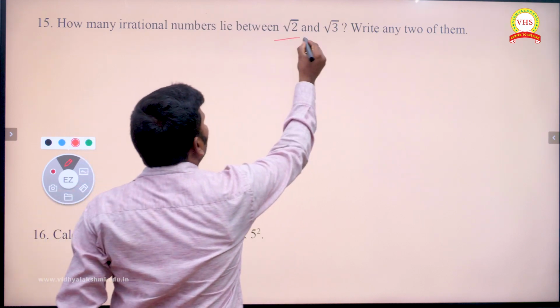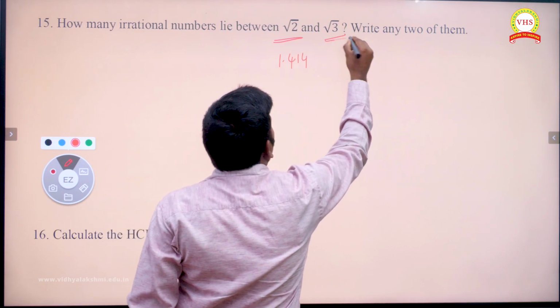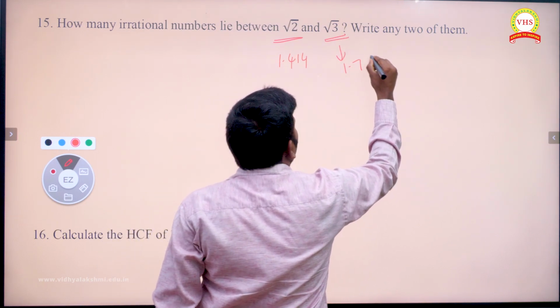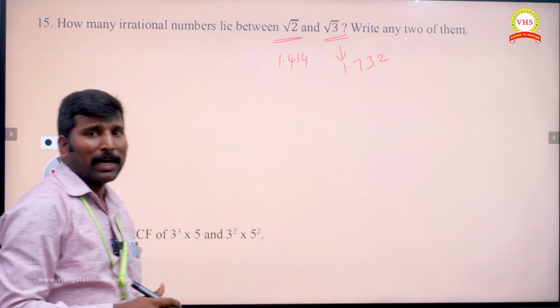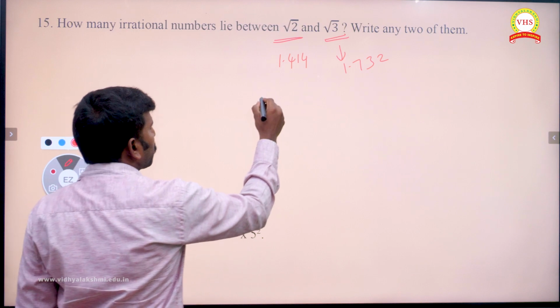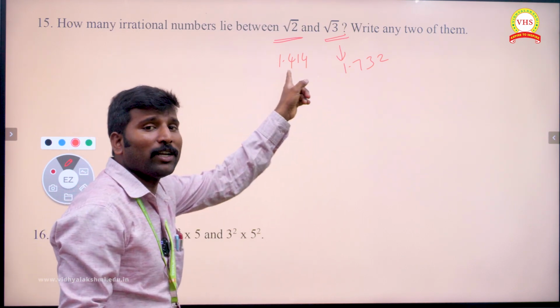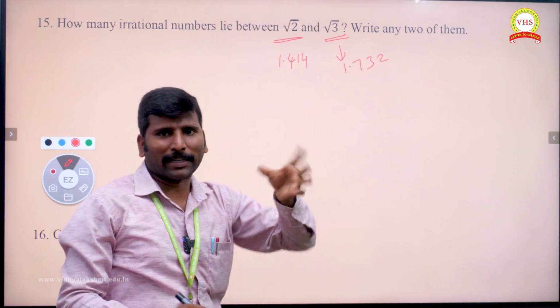They are given root 2, which is 1.414, and root 3, which is 1.732. That we must know. In between, it should be more than root 2 and less than root 3. That is the concept.